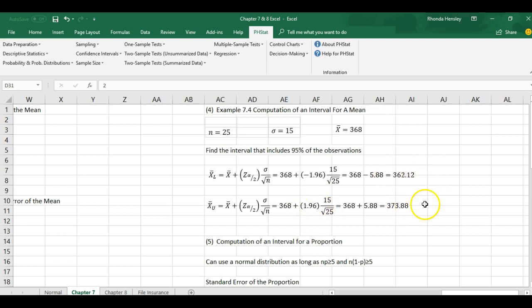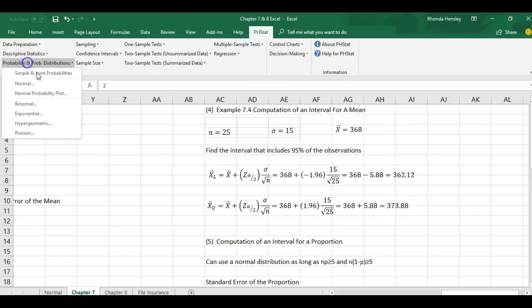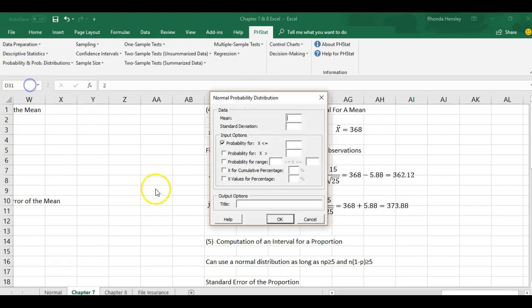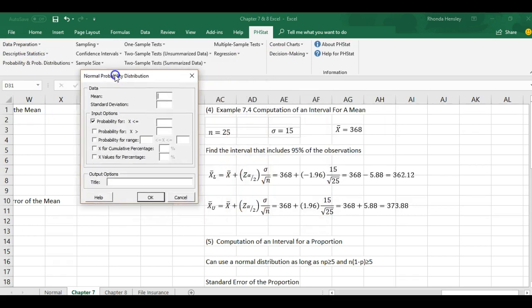You also can do this using pH stat. Again, go back to probability and probability distributions, and here's your normal again. Again, my mean is 368.